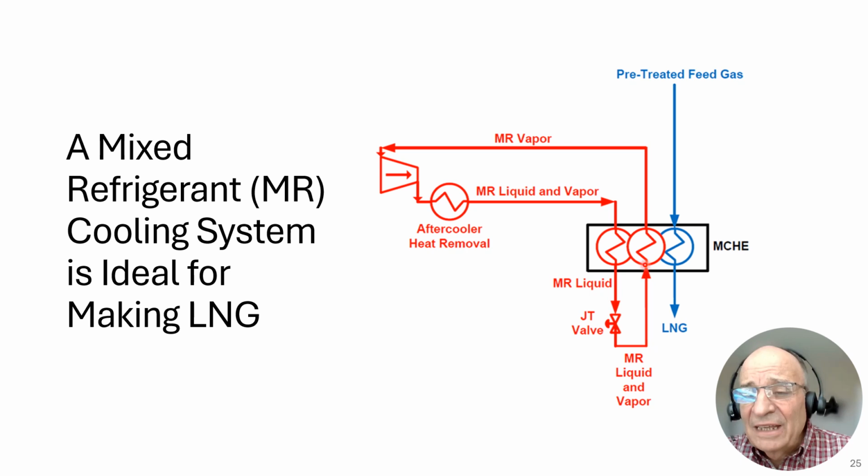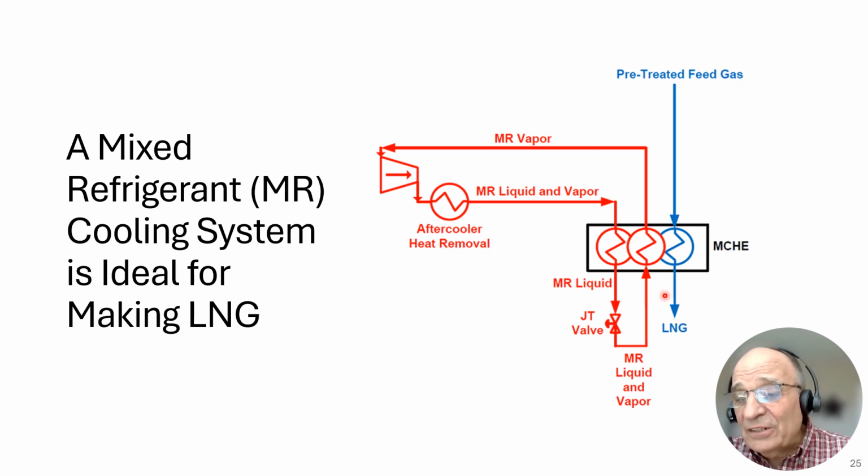And then we use that cold temperature MR to extract heat from these two streams. We're extracting heat from this stream and we're extracting heat from this stream. This stream, we extracted heat to make it from a liquid and a vapor to 100% liquid. And this stream, we extracted heat to make it from a LNG or natural gas vapor to 100% liquid LNG.